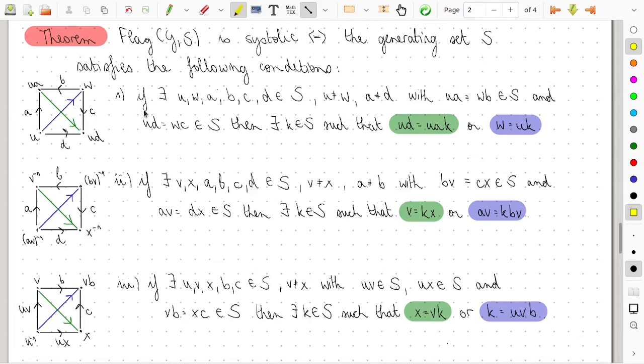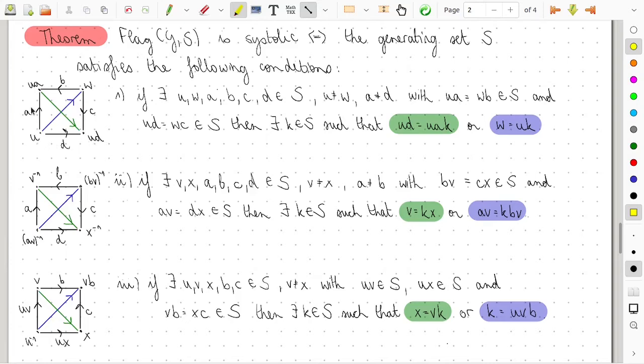This condition corresponds to this setting in the Cayley graph. Every element in S corresponds to a vertex in the link of the identity. So the elements U, W, UA, and UD are vertices in the link of the identity.